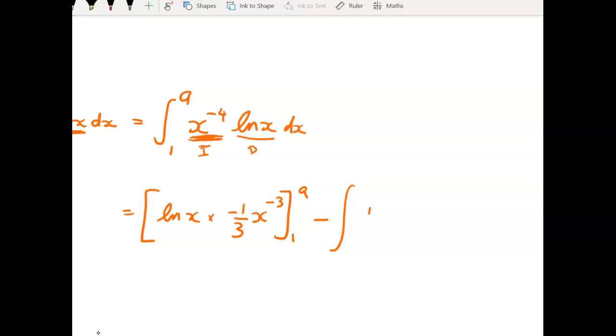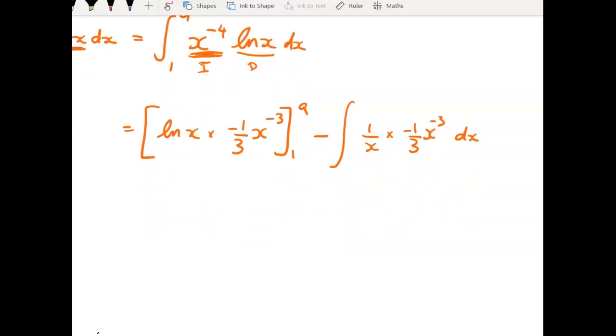So that's quite nice. We get 1 over x times -1/3 x to the -3 dx. Now I'm going to do quite a bit of cleaning up before I keep going here. Here we're going to have -1 over 3x cubed log x. Just leave that integral like that. Don't bother working that out yet, because we might have some things disappear.